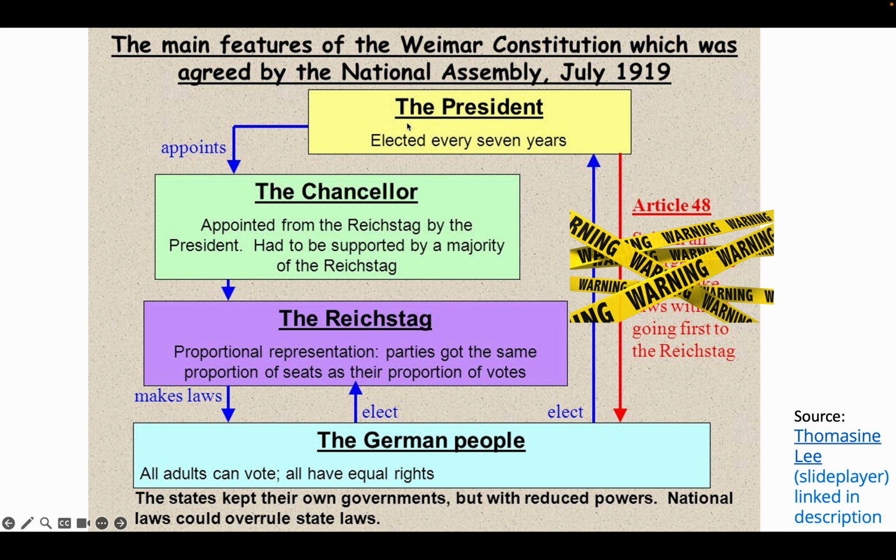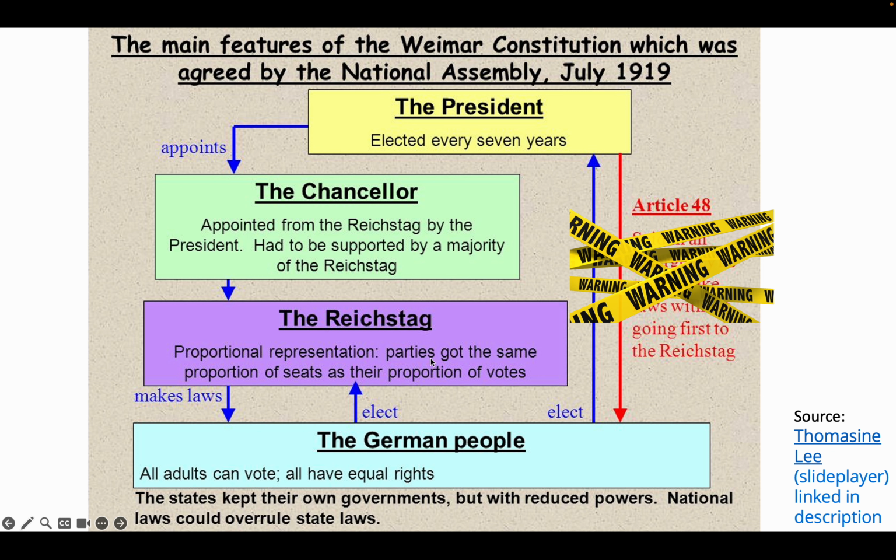The president doesn't really do much. He just appoints the chancellor, who does the day-to-day governing of the country. It's not really the president who does it.